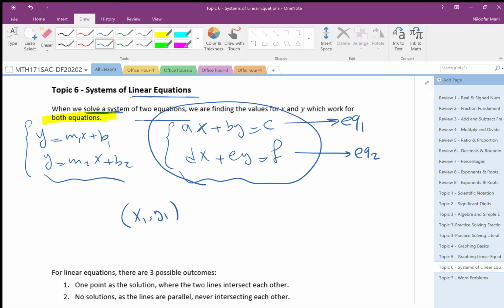If I substitute, ax1 plus by1 equals c, and dx1 plus ey1, when I calculate, is f. Left side equals right side for both equations. That means I'm solving a system of several equations and all of them are satisfied. For you, it's just 2 by 2, not more than that.